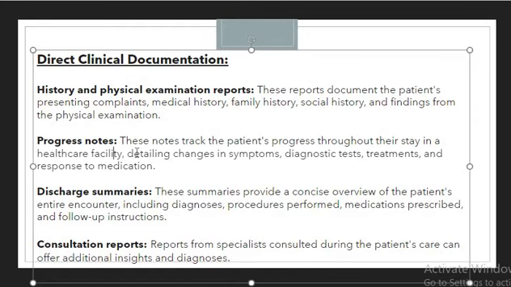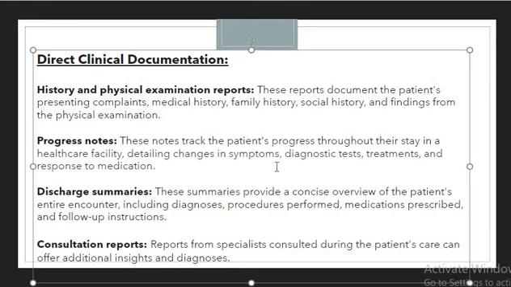They will note everything, detailing changes in symptoms, diagnostic tests, treatments, and the response to the medication. For sure, if he is hospitalized, then doctors are providing some medication to the patient.